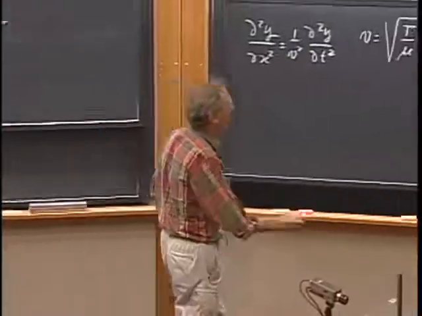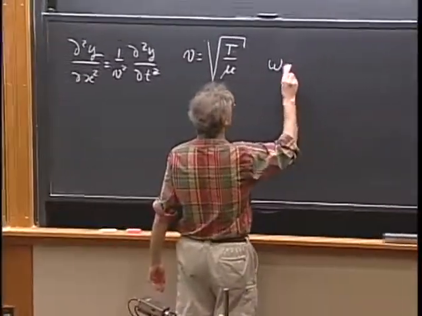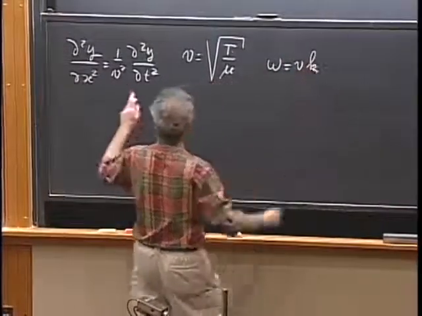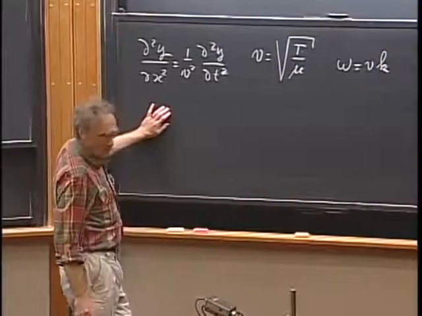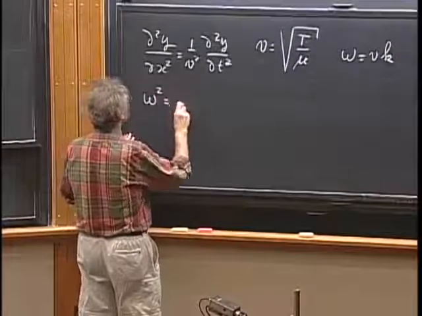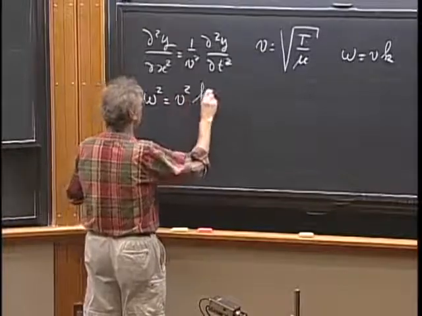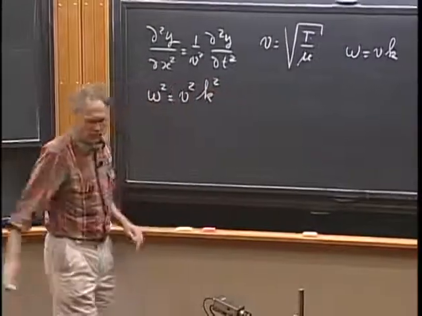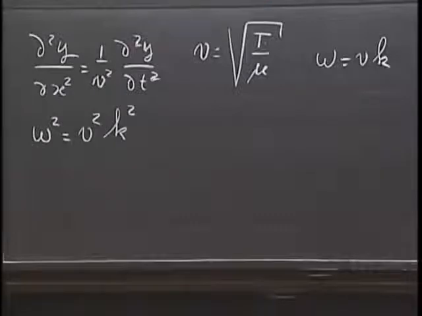So that gave us that omega was vk, which came out of this wave equation. And so we found that omega squared is v squared times k squared. That is the result of the calculation when the tension is exclusively responsible for the restoring force. And you get a non-dispersive medium.